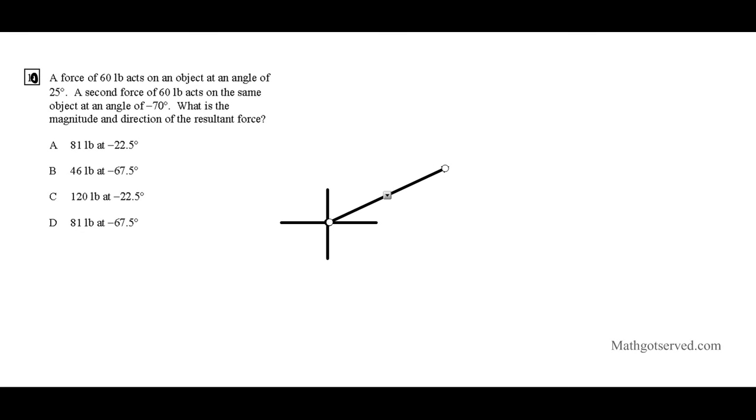Then let's indicate the angle of rotation. It's going to be 25 degrees. Remember, when you're measuring angles, this is 0. If you go in this direction, counterclockwise is positive, and if you go clockwise, that's negative.